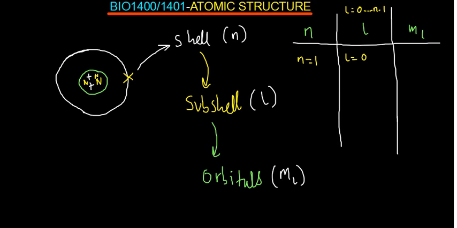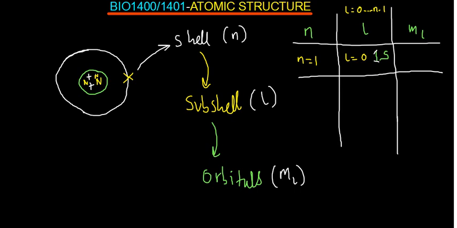Now when L is 0, we call it the s orbital. Please take note, when L is 0, this is called s orbital. Because this is coming from N is equal to 1, we are going to call it the 1s orbital. So that is it for the first energy level. For the first energy level, you only have one orbital.